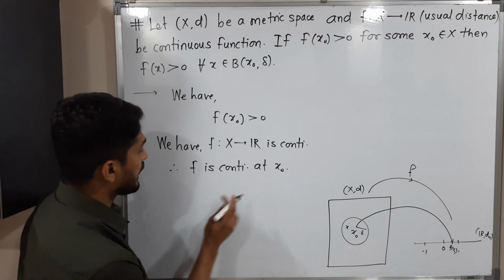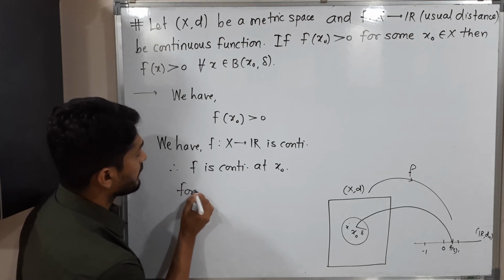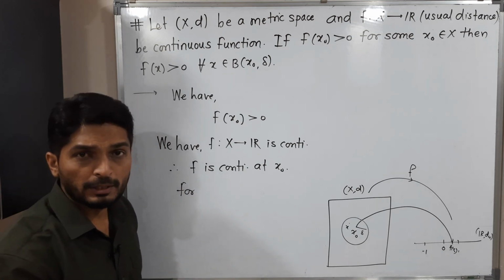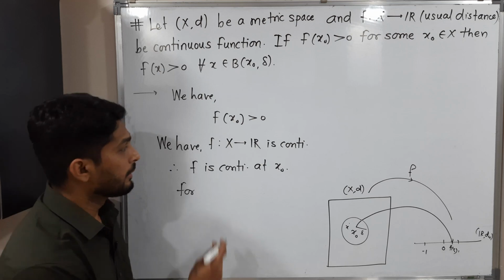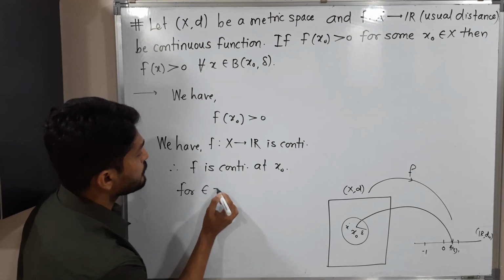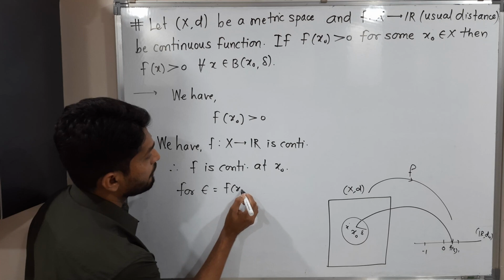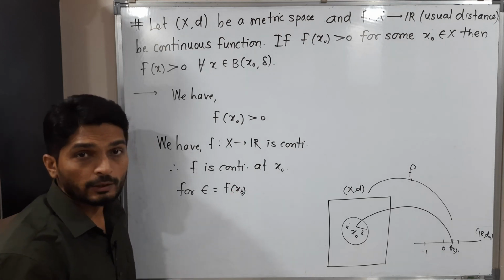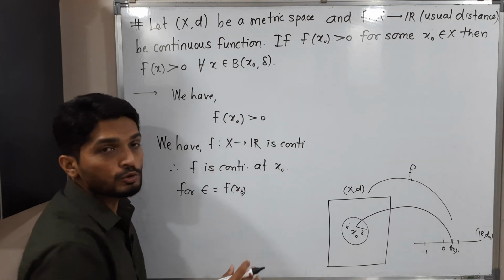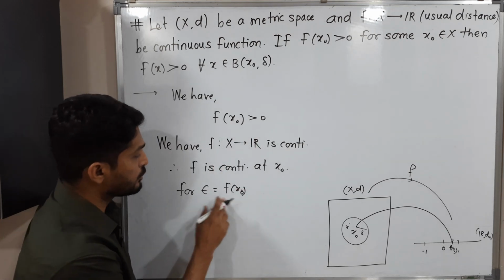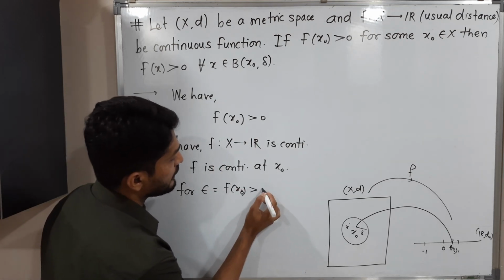We start with: for given epsilon greater than 0, that means for any arbitrary epsilon greater than 0. But I am going to consider epsilon equal to f of x naught, since we want epsilon to be a positive real number and f of x naught is also a positive real number. That's why I am choosing epsilon as f of x naught.